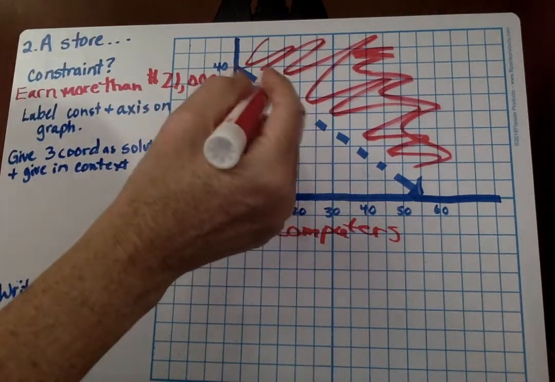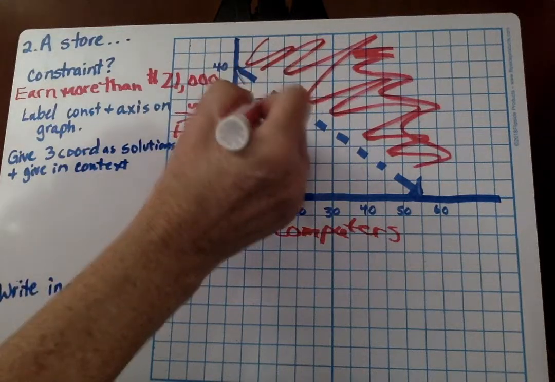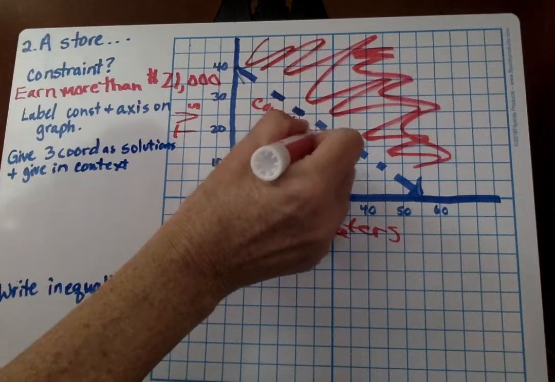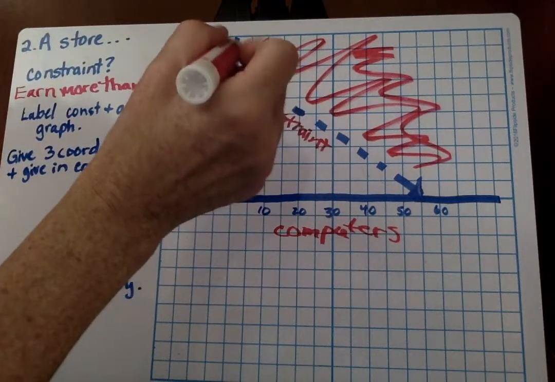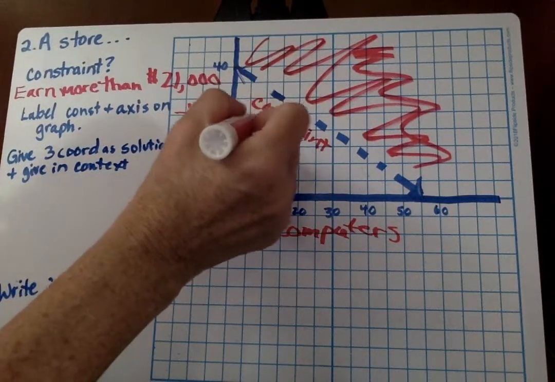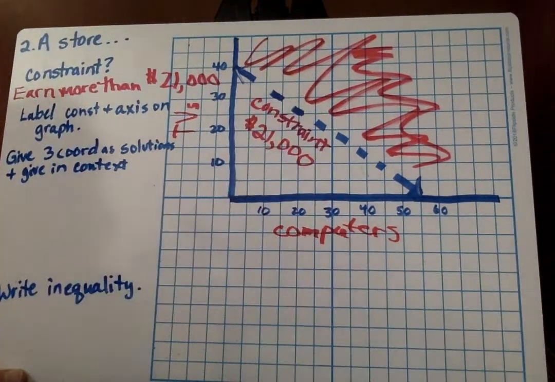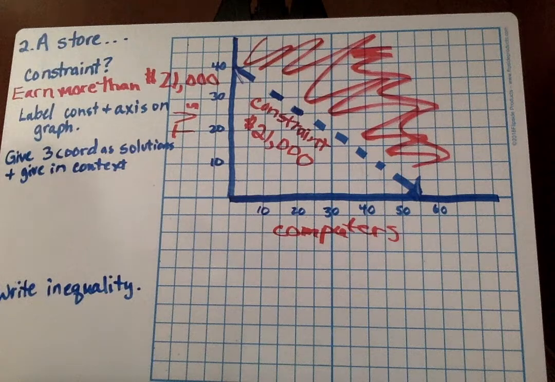And our constraint over here is $21,000. Again, you need to earn more than that to stay in business. Otherwise, you're going to go belly up and your business will be bankrupt.